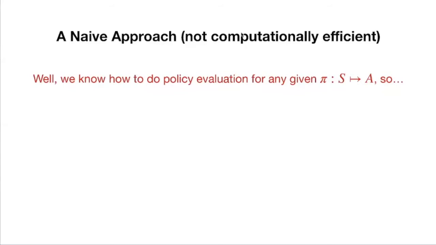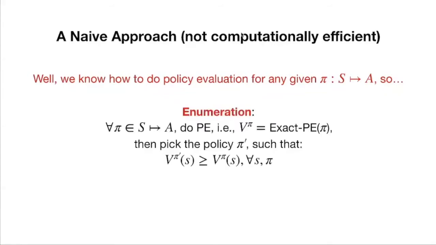Right, so the naive algorithm is just to do enumeration. So let's write a for loop, right? For every policy pi in the A to the S many policies. So remember, we have A to the S many total policies, right? So let's write a for loop for every policy pi in that set. Let's just call this policy evaluation algorithm, right? So for now, for simplicity, let's just assume that we call the matrix inverse-based algorithm, the exact policy evaluation algorithm, right?